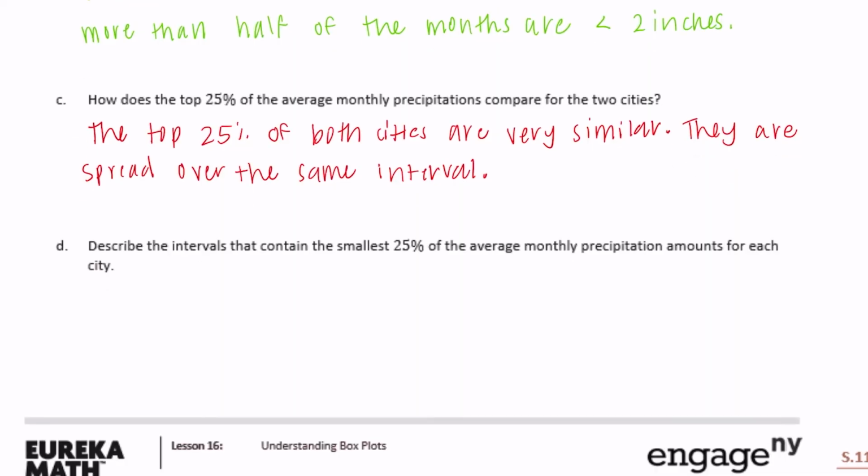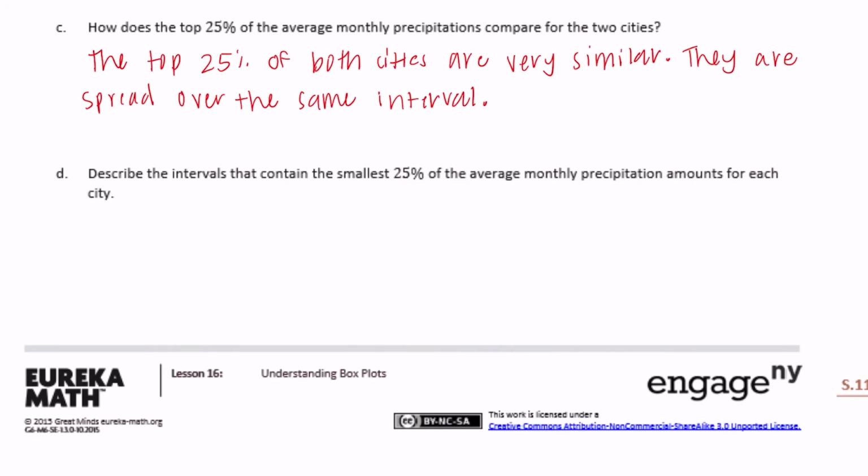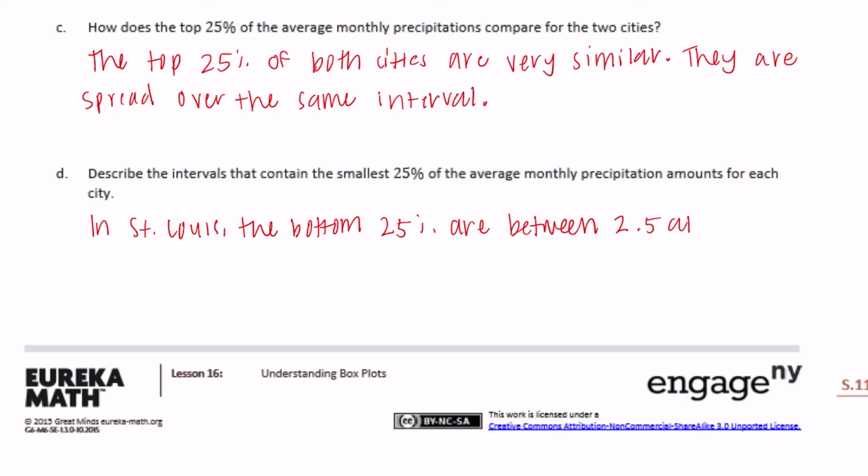They're very, very different. Let's say in St. Louis, the bottom 25% are between 2.5 and 3 inches.